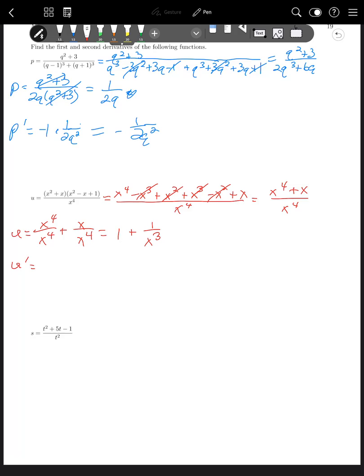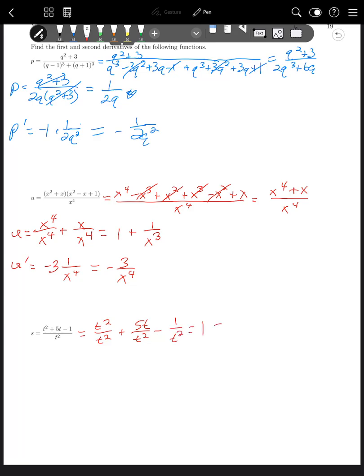The derivative of 1 over x cubed is multiplied by the negative of the exponent, and then add 1 to the exponent, so x to the fourth. So this would be negative 3 over x to the fourth. Okay, and the same thing is true for this last one. I can use the division idea I used up here, so this would be t squared over t squared plus 5t over t squared minus 1 over t squared.